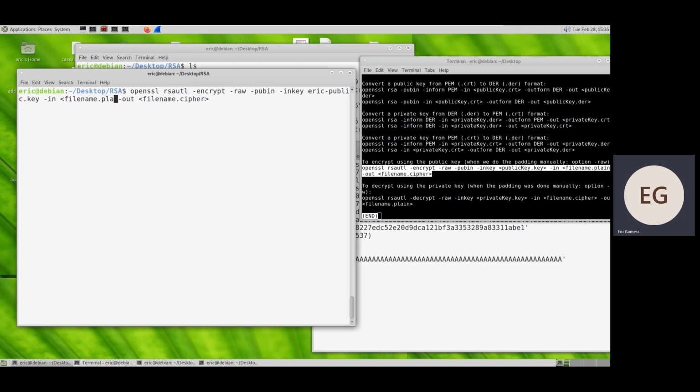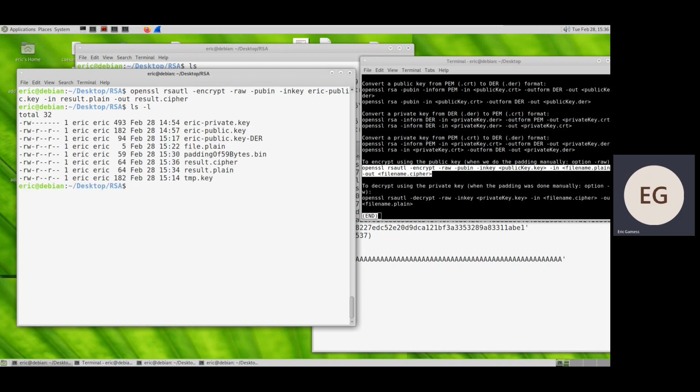The file that I want to encrypt is result.plain, and the output will be result.cipher. Okay, it is encrypted. It will also be a file that has 64 bytes, and if you look at result.cipher, it also has 64 bytes.